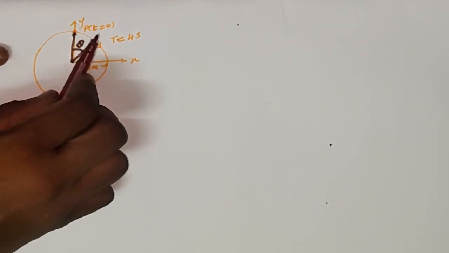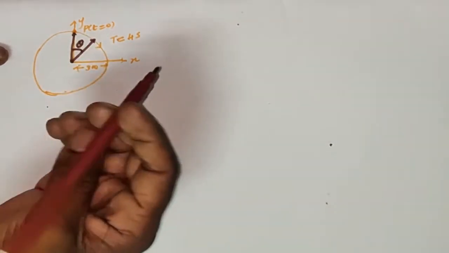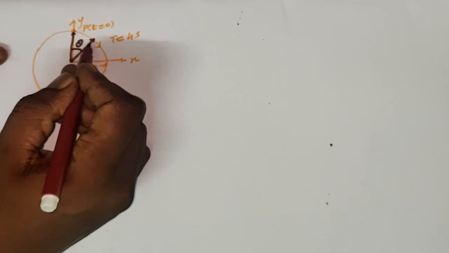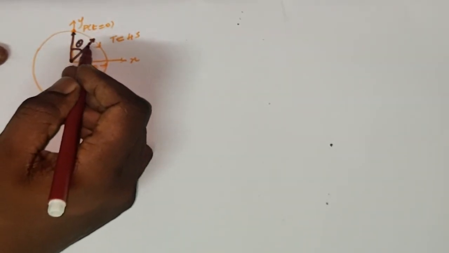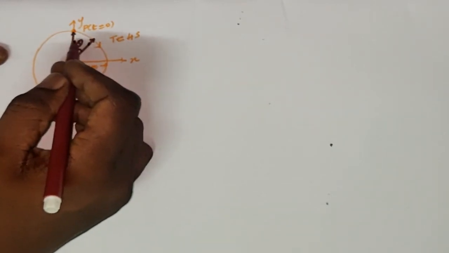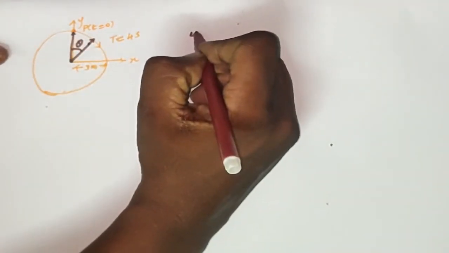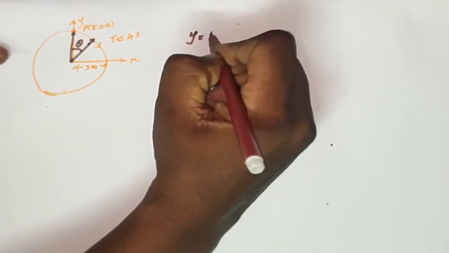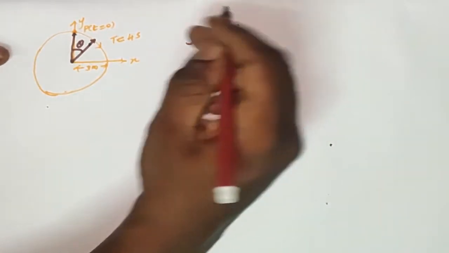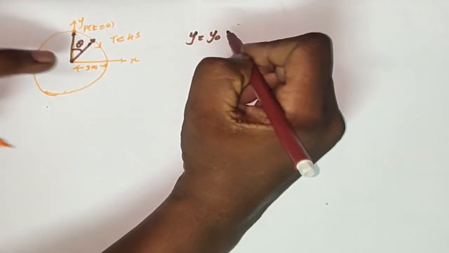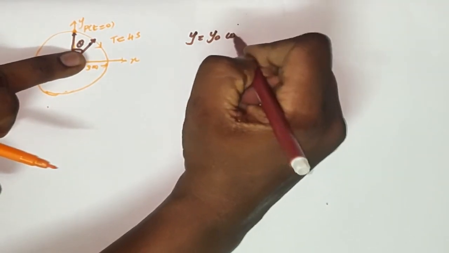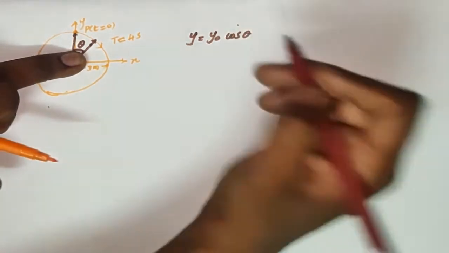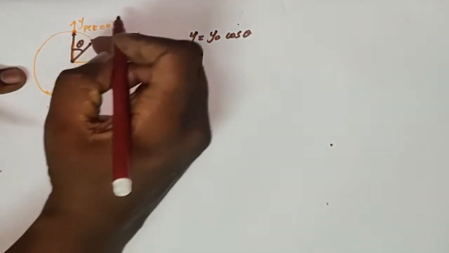They are asking what is the y projection of the radius vector. The projection of the radius vector along the y-axis in general is y equal to y naught, the amplitude of the vector, times cos theta, because theta is measured from the y-axis, where theta is the angular variation.